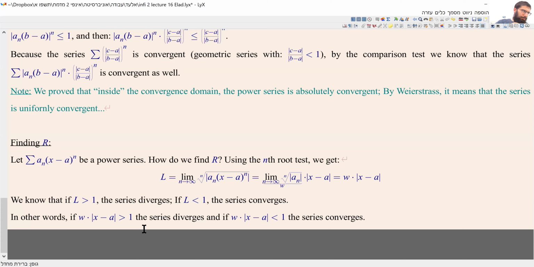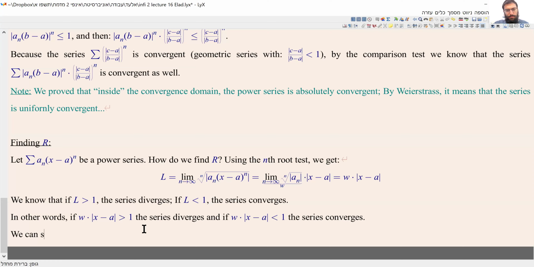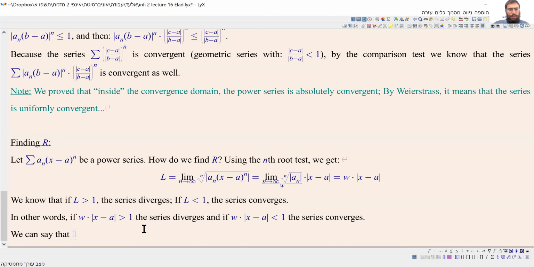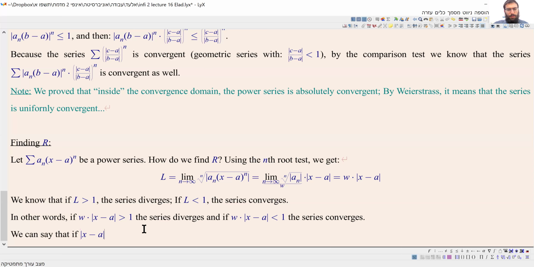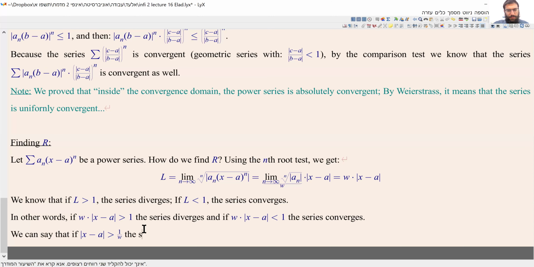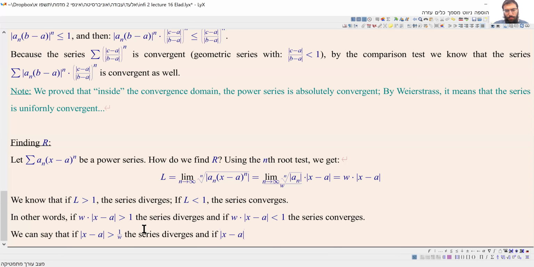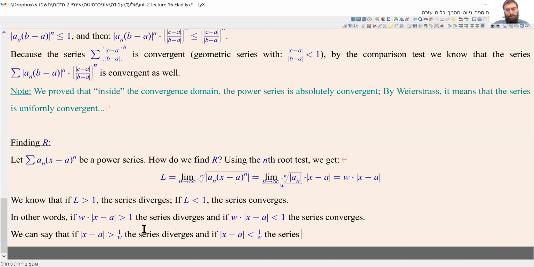And for my final trick, we can say that if x minus a is greater than 1 above W, the series diverges, and if x minus a is smaller than 1 above W, the series converges.